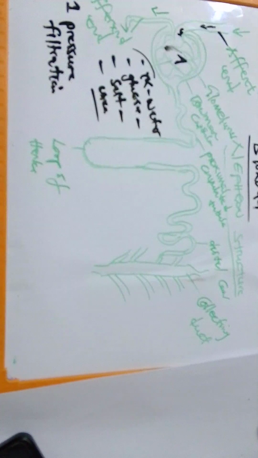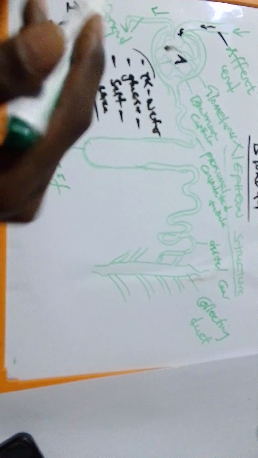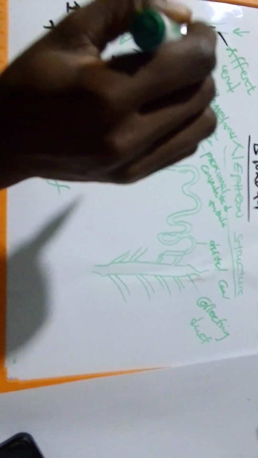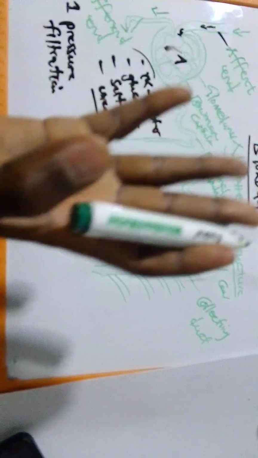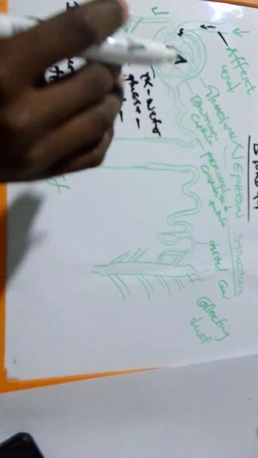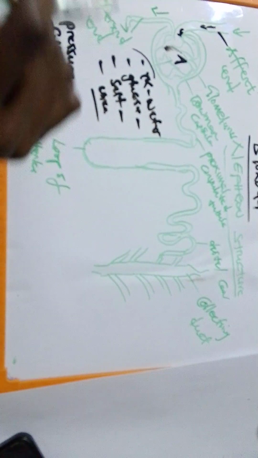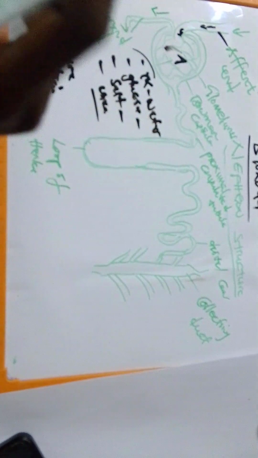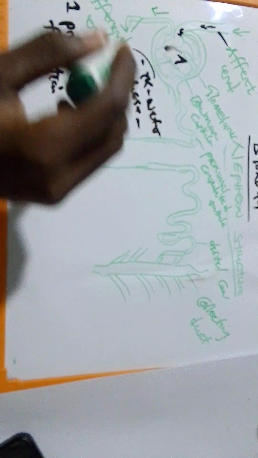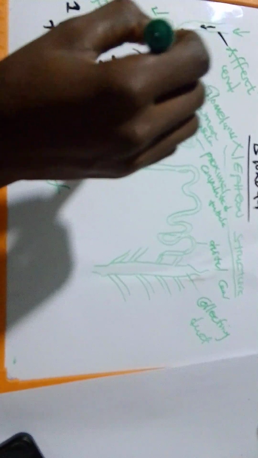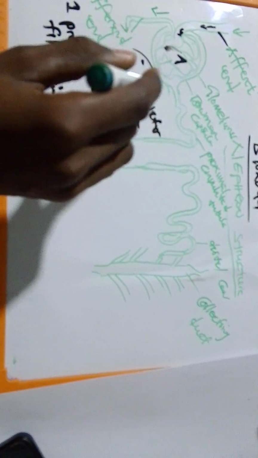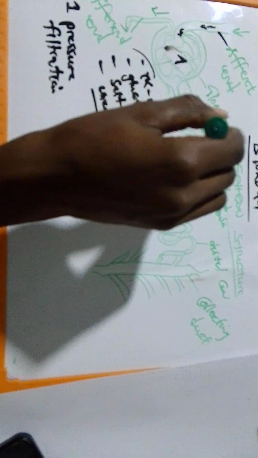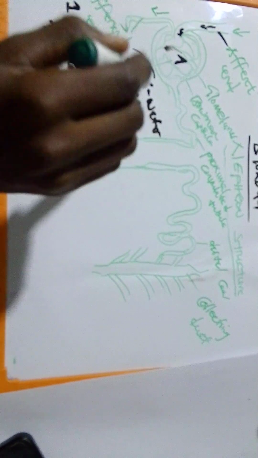So those substances which remain within the blood vessel, we can talk about the blood cells, the plasma proteins, fibrinogen, and all those substances found in the blood. They cannot come out because they have larger molecules. But these which have been filtered out have smaller molecules, hence they are forced to come out from the blood and remain in the Bowman's capsule to form what you call the glomerular filtrate.